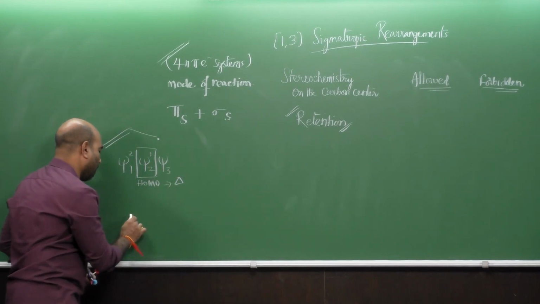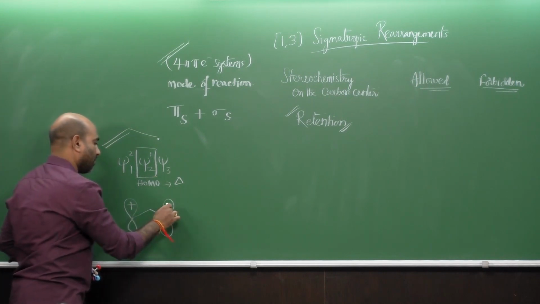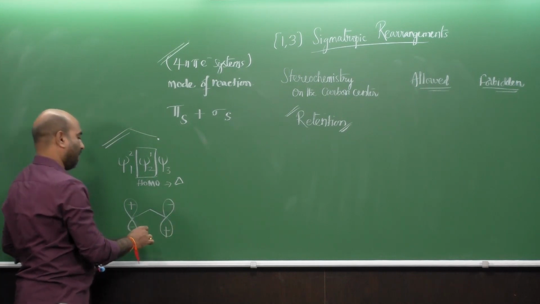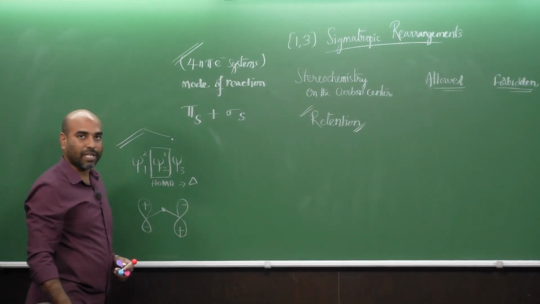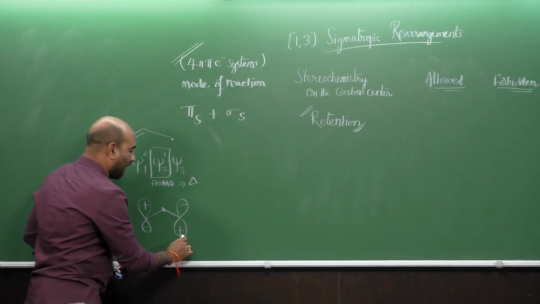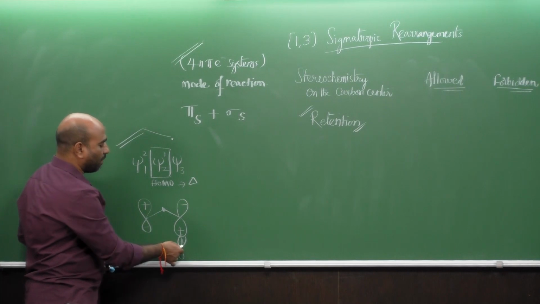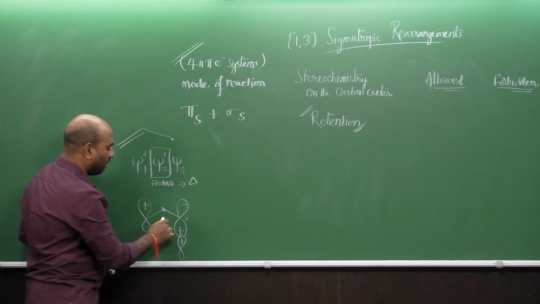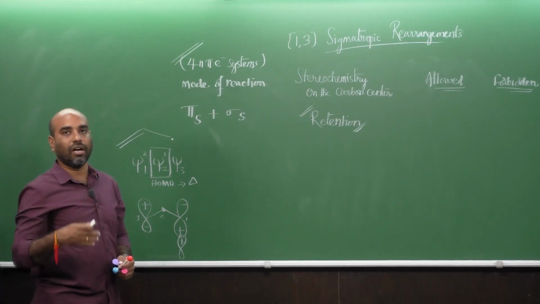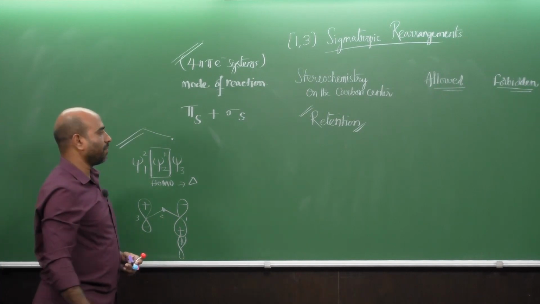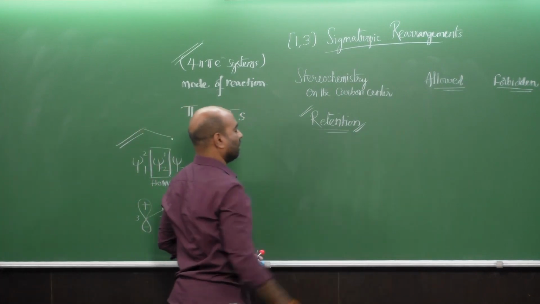The HOMO under thermal conditions will look like this, plus minus. This has one node because this is the psi2 molecular orbital. If the group is attached here, you need to see whether the migration of the group from 1 to 3 is happening with retention or inversion of configuration. Currently we are looking for retention of configuration.